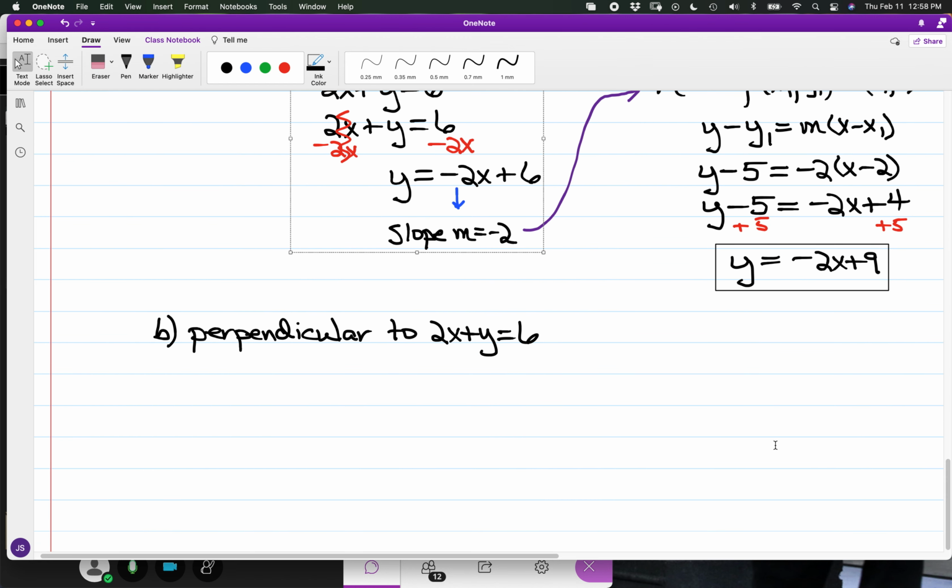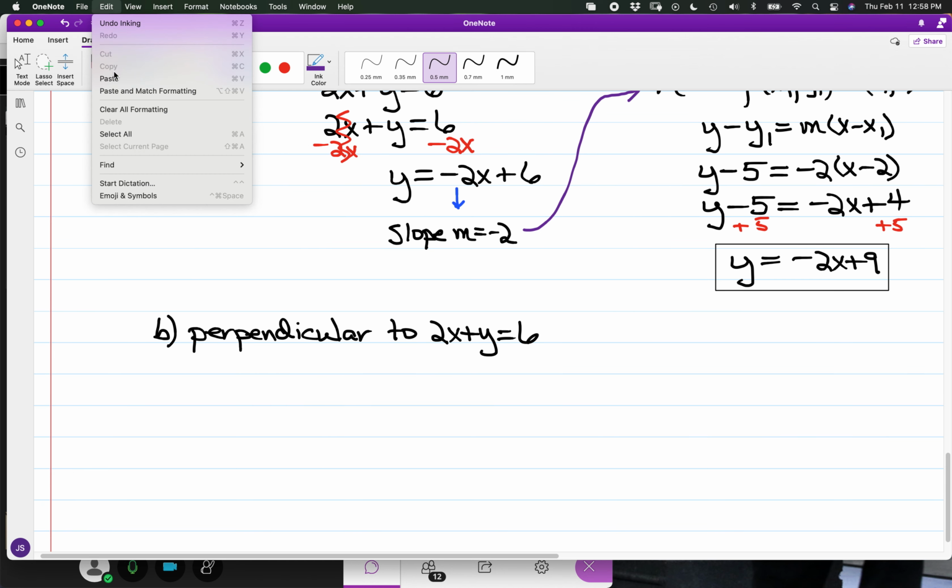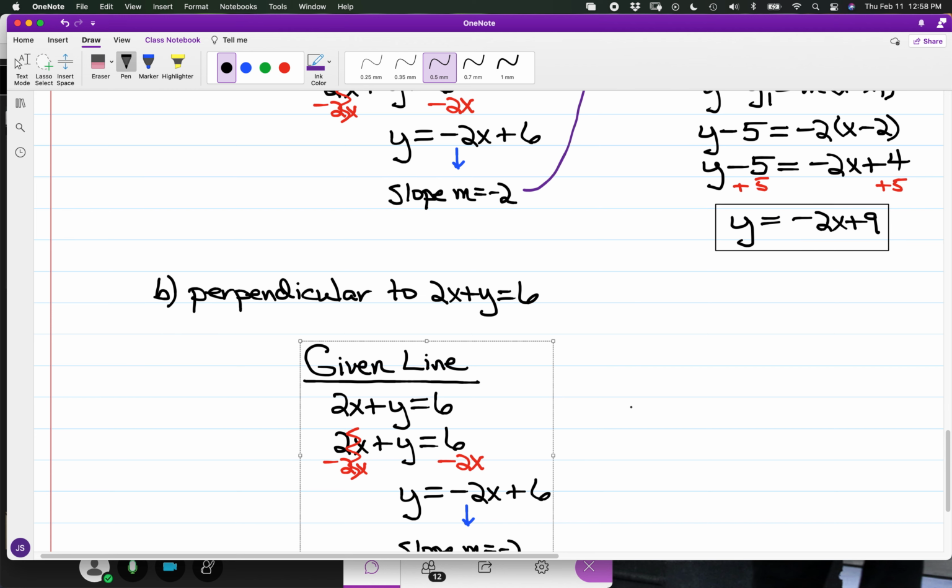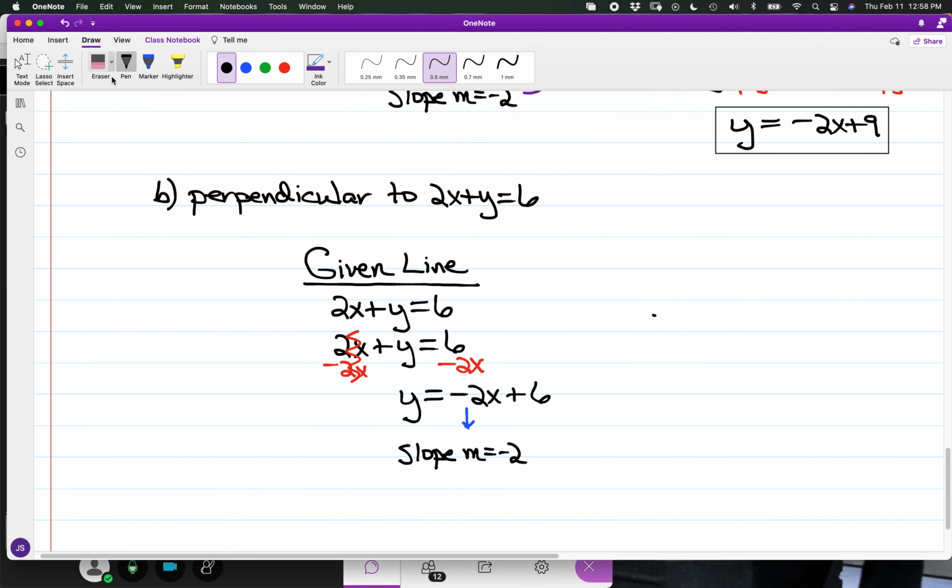Again, just a little bit of a repeat here, since we're working with the same line to start out with. And we have the perpendicular line.